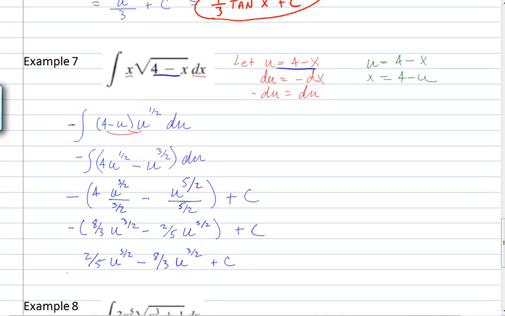Because when you distribute the negative, you change the signs. That positive became a negative, so I moved it to the back. And the negative became a positive, so I moved it in the front. My final answer then, writing this all in terms of x, is going to be 2/5 times 4 minus x raised to the 5/2 minus 8/3 times 4 minus x raised to the 3/2 plus c.